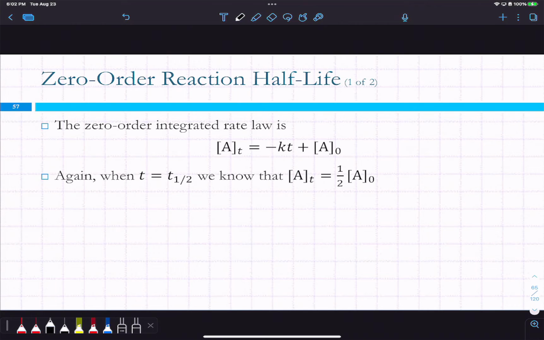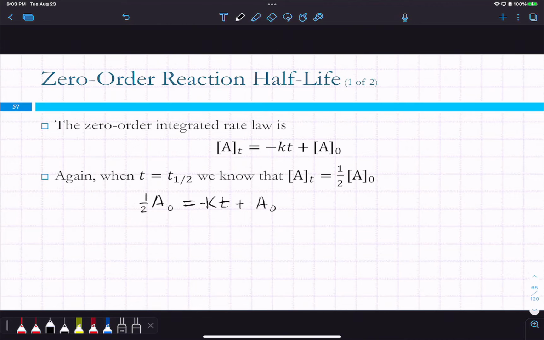Then for a zero order reaction, again, we do the same thing where we just replace At with A0, 1/2 A0 equals negative Kt plus A0.